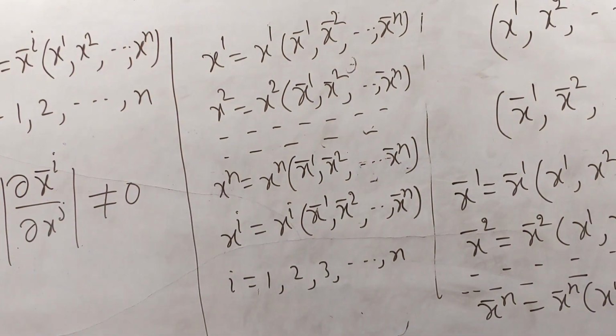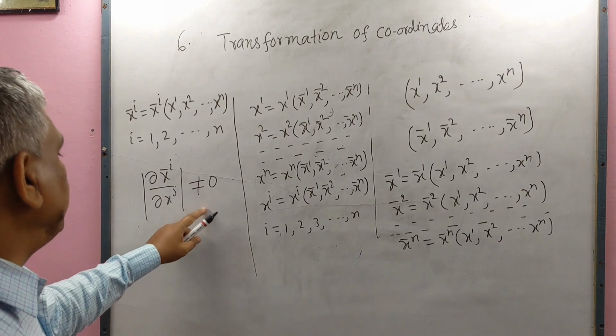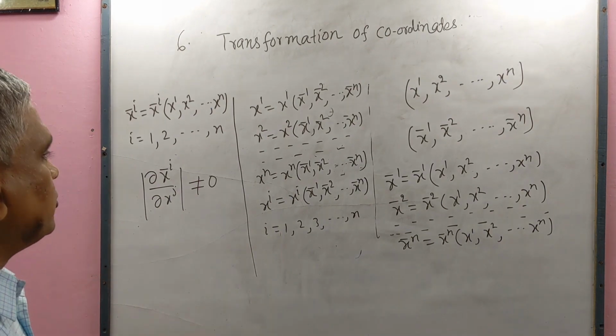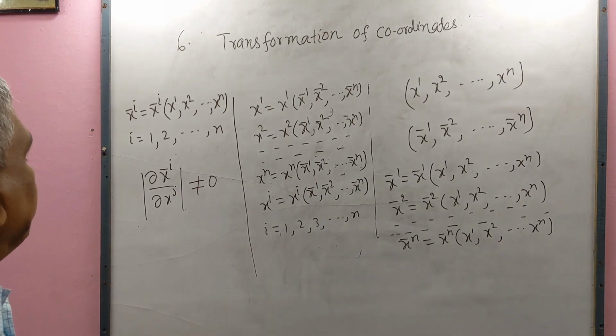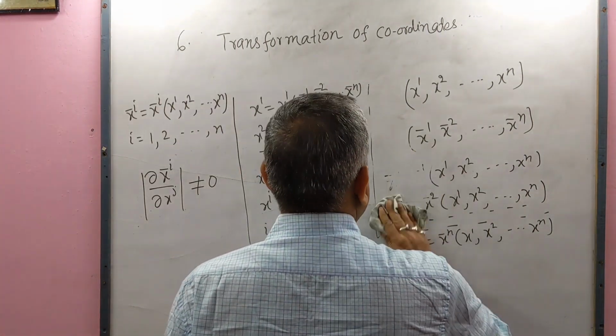So we may verify that the Jacobian is not equal to 0, and also the relation between the Cartesian system of coordinates and the polar system of coordinates as follows.